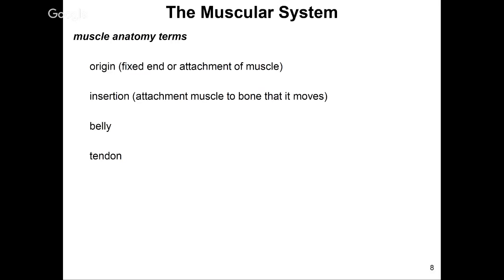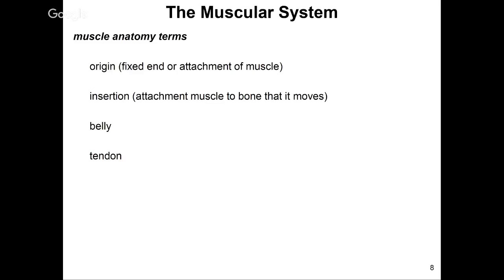I know some of you know. What's the difference between a ligament and a tendon? So one is bone to bone, and the other is muscle to bone.